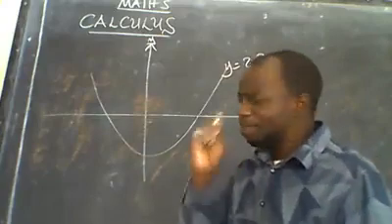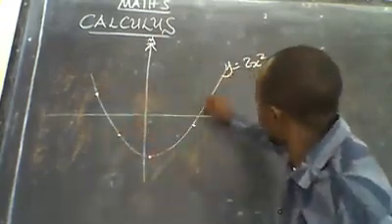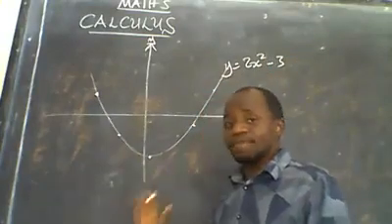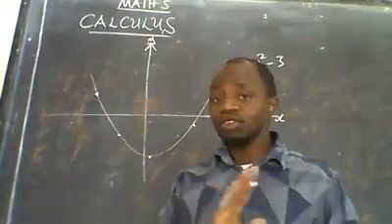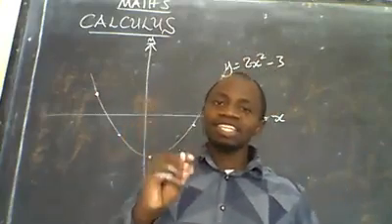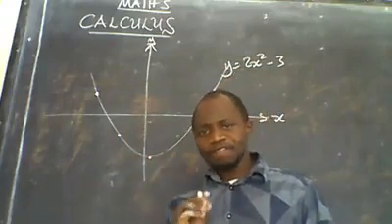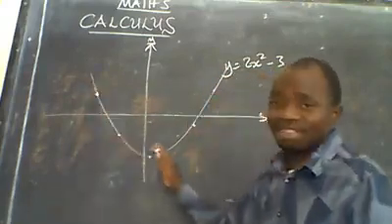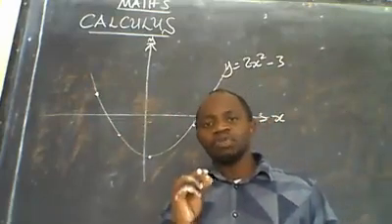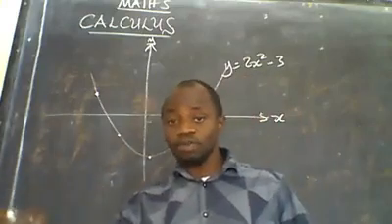Will the gradient be the same at this point? Same here, same here, same here? Would it be the same? The answer is no. A curve has got the gradient at its own point. That's why, if you remember very well, there was that part where they ask you to find the gradient of a curve at a given point. They'll always give you the point, right?